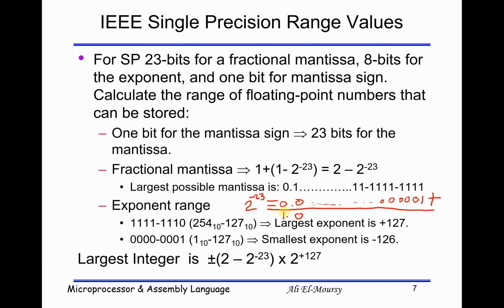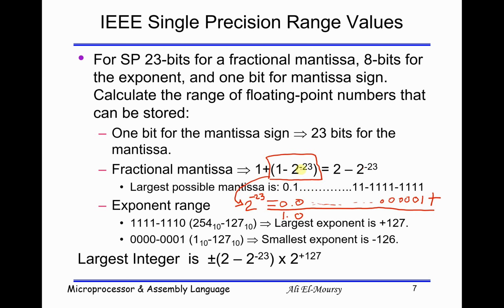Okay, so by simple operation, this number is simply equal to 1 minus 2 to the power minus 23. This is actually how this is calculated. This is the calculation shown here.